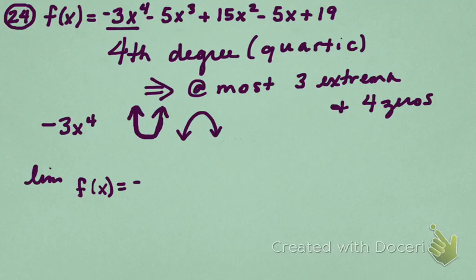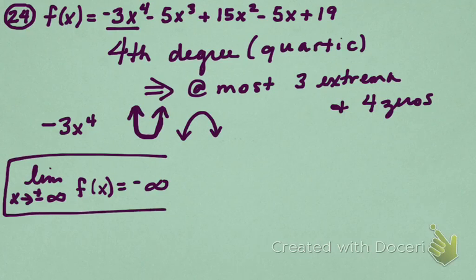I can collapse this into one statement that these are both going to be at negative infinity, so I can say as x approaches either plus or minus infinity, the limit is negative infinity, which you can always do with an even function. And I do not know why my board is not wanting to make that box around my limit there. And that's number 24.